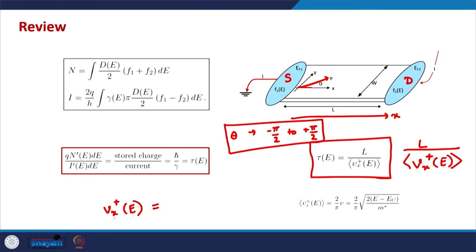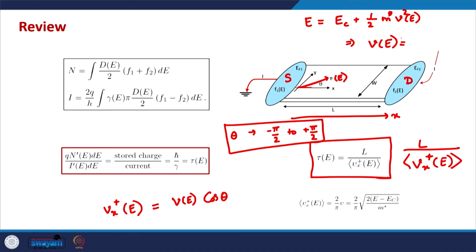So if the electron is starting with velocity Ve, the velocity in the positive x direction will be Ve cos theta, and this Ve comes from the relationship of the total energy of the electron with the kinetic energy of the electron.